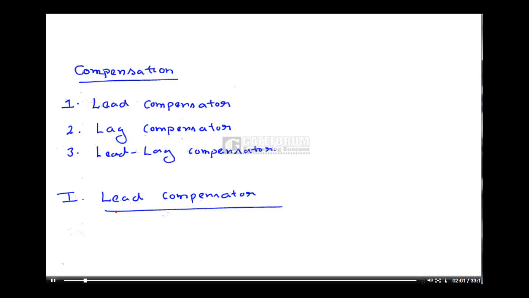If I draw the S-plane representation of the lead compensator, it is something like this.